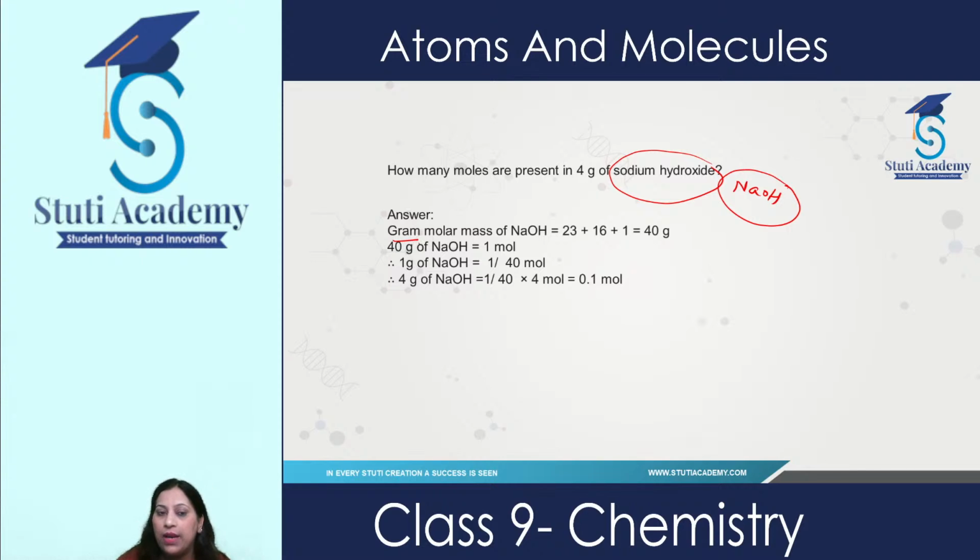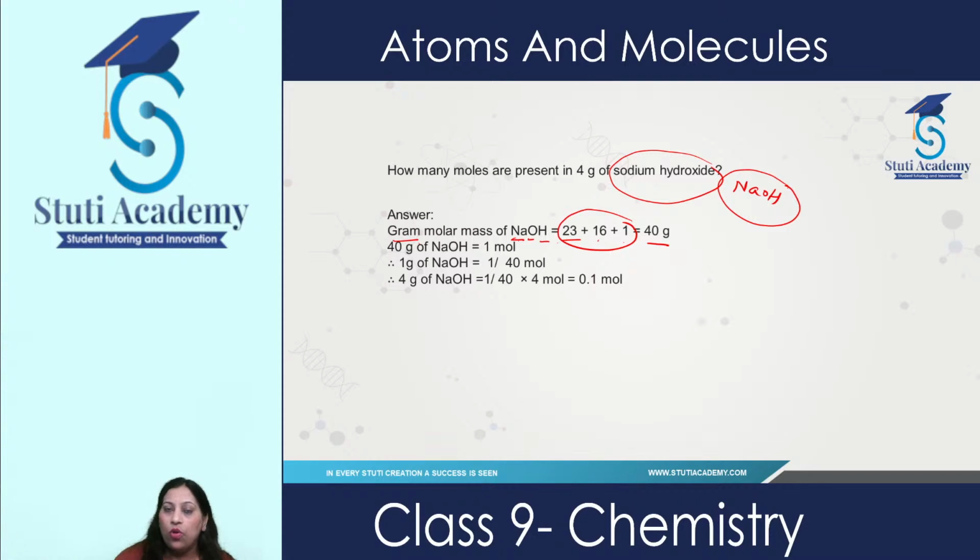So how will we find the gram molar mass? Again, NaOH means it has three elements: Na, which is sodium, oxygen and hydrogen. The atomic mass of sodium is 23, oxygen is 16 and hydrogen is 1. When we add these three numbers, we get 40 gram. This is the gram molecular mass of NaOH.